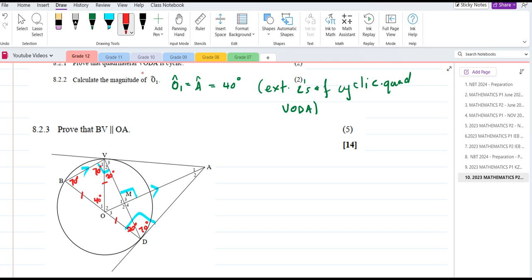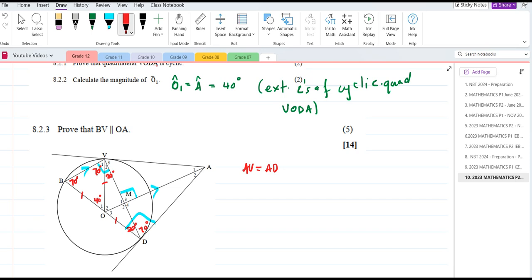We're going to say AV equals DV, AV is equal to AD.